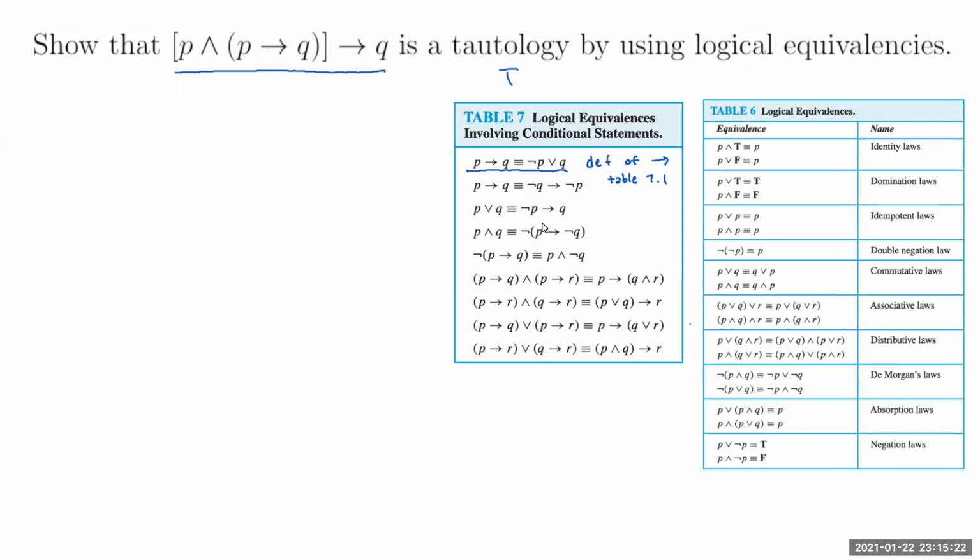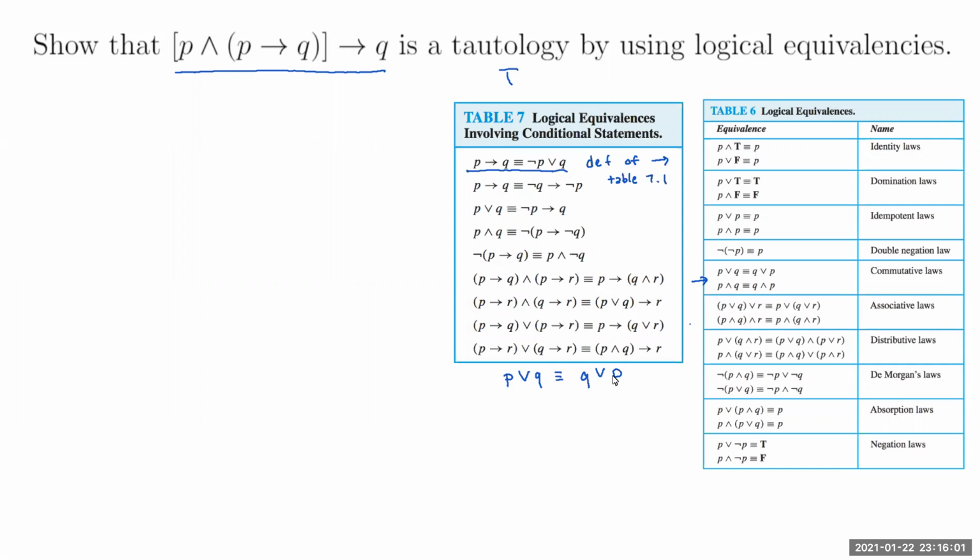For these logical equivalencies, you notice that they're mostly expressed in terms of P, Q and sometimes R. That P and Q can refer to any proposition. So for example, maybe we're looking at the commutative law here. This one has P or Q is equivalent to Q or P. These P's and Q's can refer to any proposition.